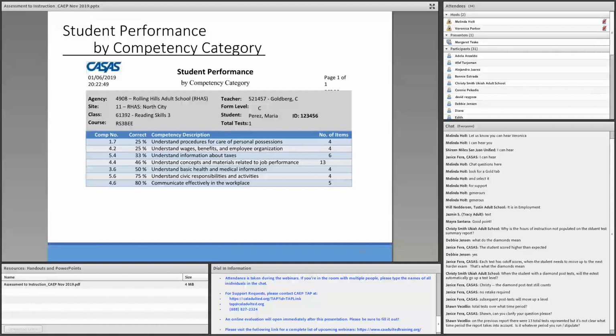She missed about half of those. So if you just focused on that one area, she may be able to improve her score quite a bit by focusing on materials related to job performance. Communicating effectively in the workplace was great. She did 80% correctly. That was great. I would focus most on the areas with the most number of items and then the lowest percentages.